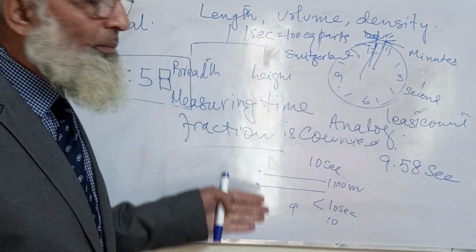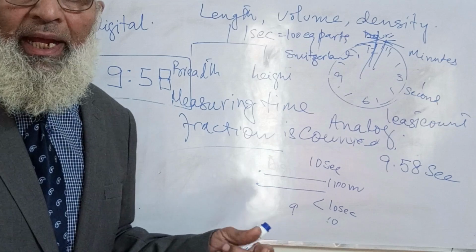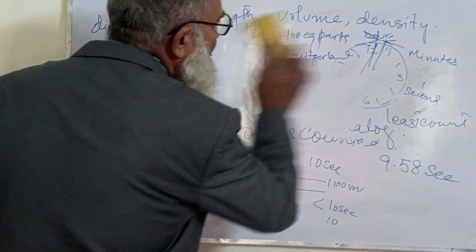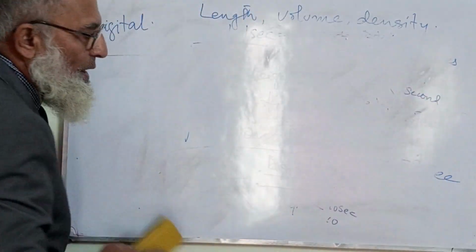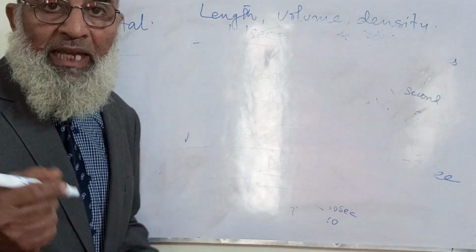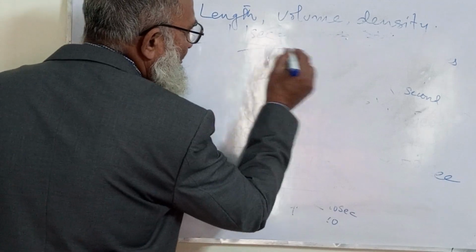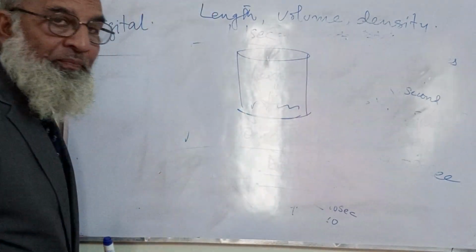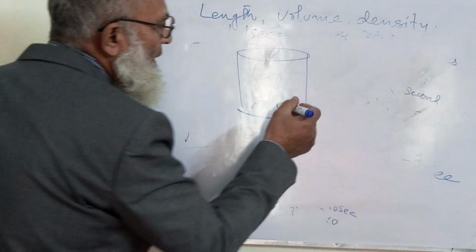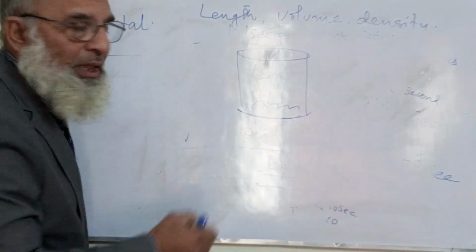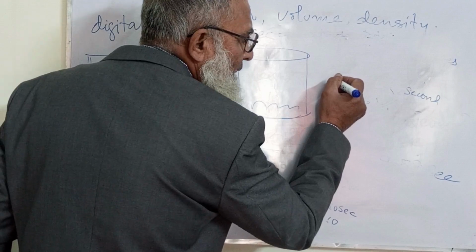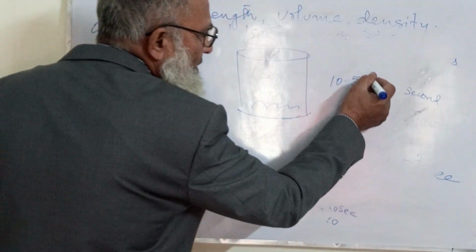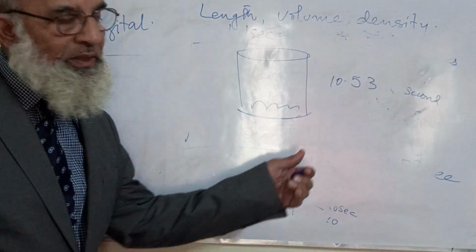I have given you the example of the sprinter, and you might be doing some practical in your lab in which a chemical action has taken place, and you have to stop this chemical action after, let us say, 10.53 seconds, to be more precise.